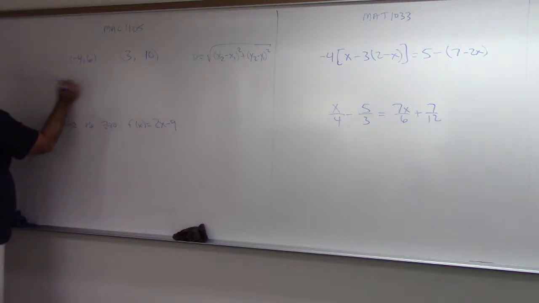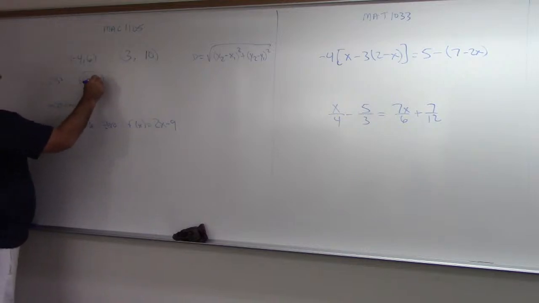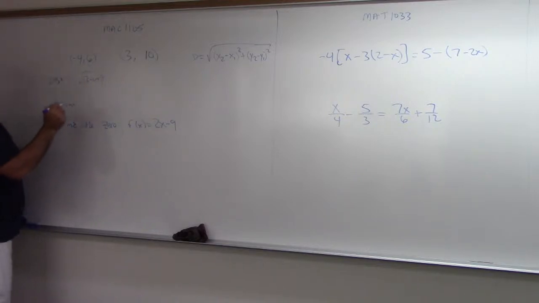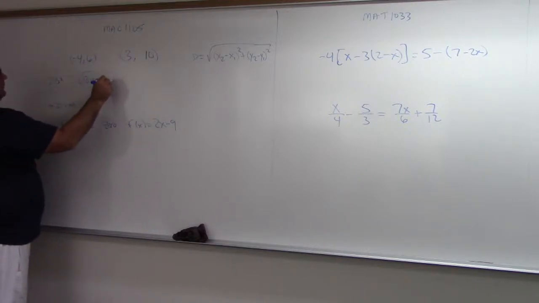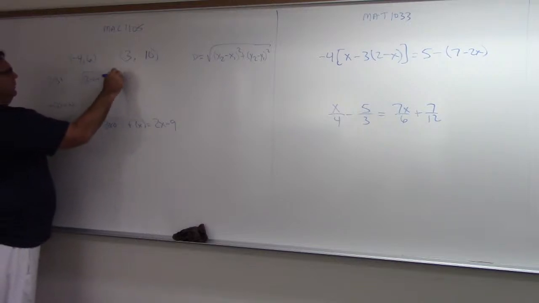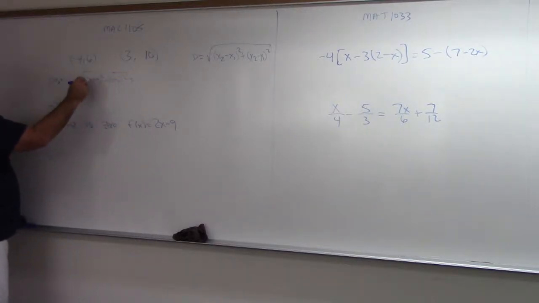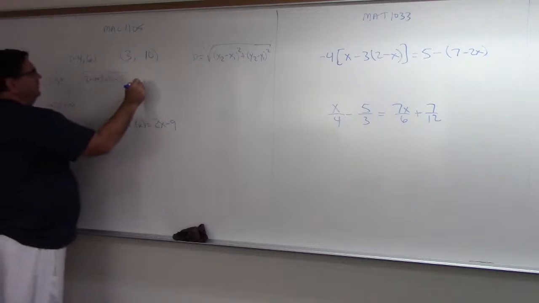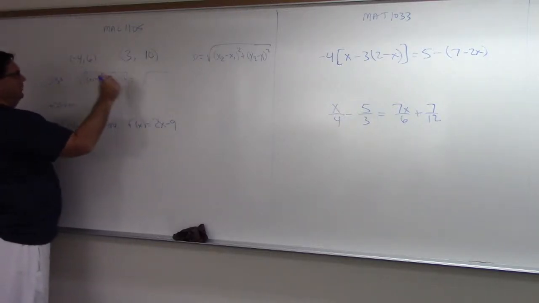So now the distance is going to be 3 minus -4 squared, and then 10 minus 6 squared. Negative and negative become positive. So this is 7 squared is 49.